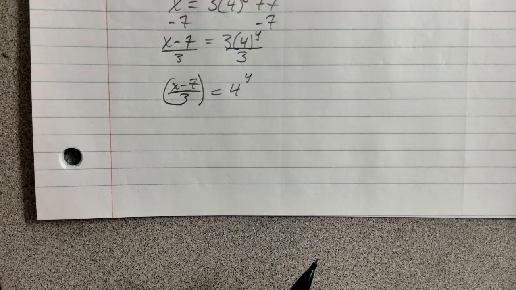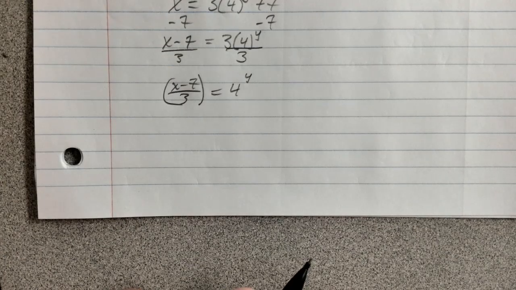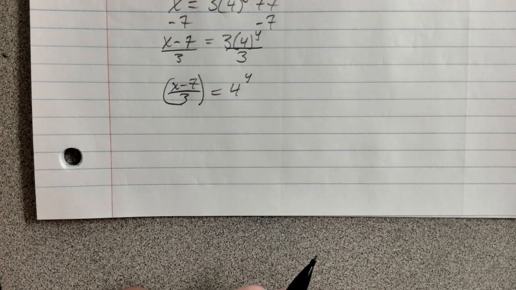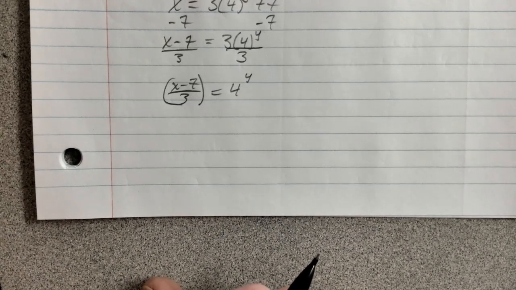So we're going to convert it to what form? Currently we're in exponential. We got to switch it to logarithmic. That's right. When we convert, what do you want to remember in the process of converting? The base stays the same.